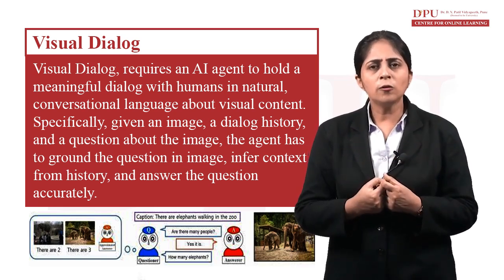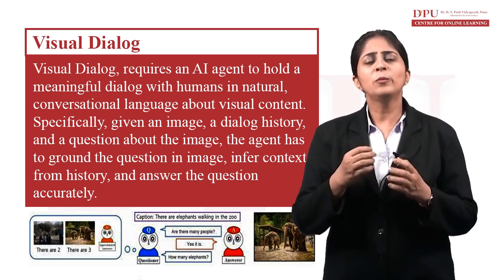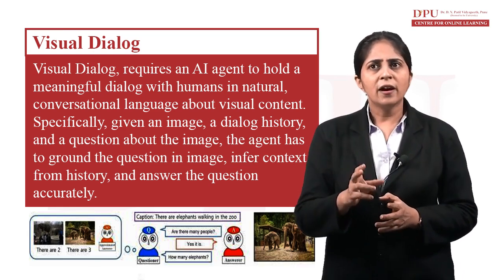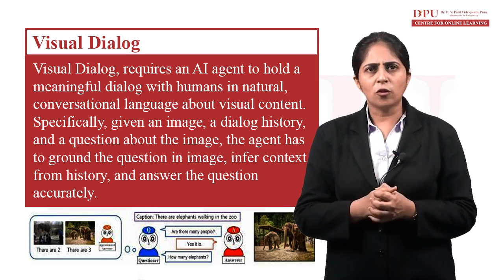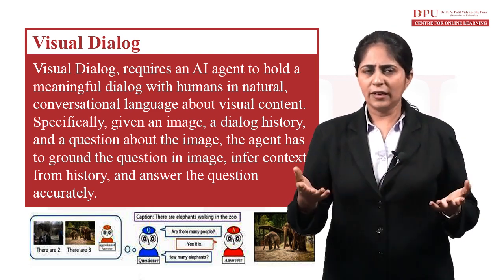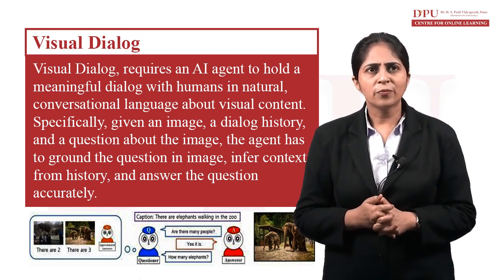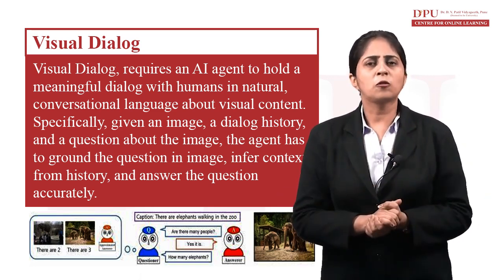So in visual dialogue, what do we require? We require an artificial intelligent agent to hold a meaningful dialogue with humans in the natural conversational language that we normally use, about any visual content.